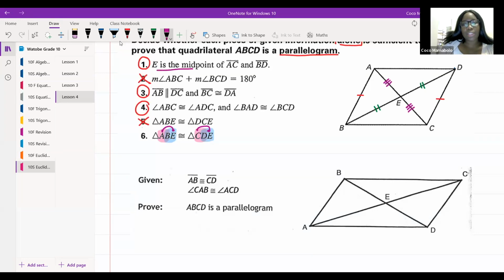According to this first statement, is this one true? Is this enough? Do we have enough information here? Absolutely, we do, because this one proves the congruency.